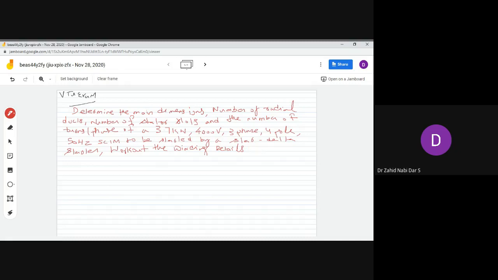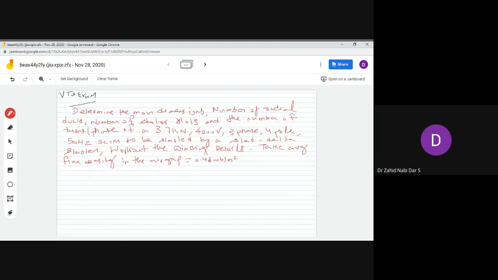Take average flux density in the air gap is equal to 0.45 Weber per meter square.